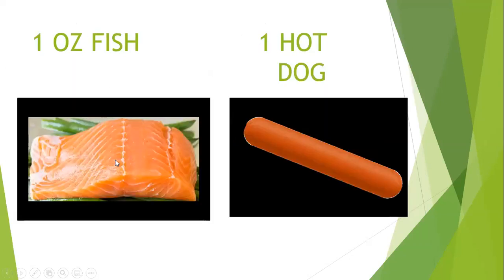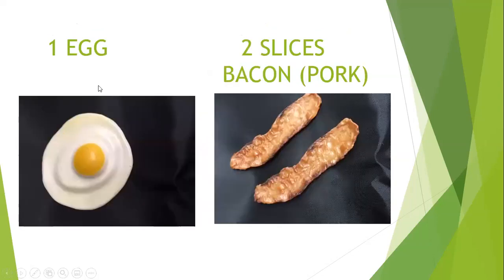1 ounce of fish or 1 hot dog, each one is 1 meat exchange. So the meat substitute is 1 egg, which is the same as 1 meat exchange, or you can have 2 slices of bacon.